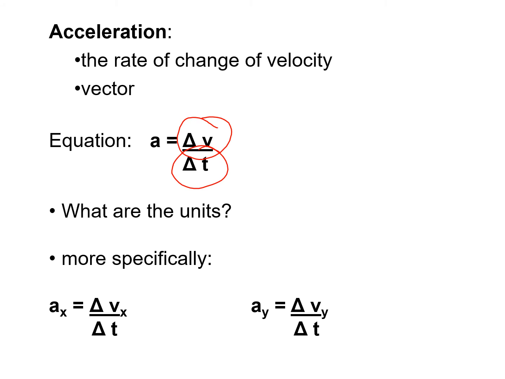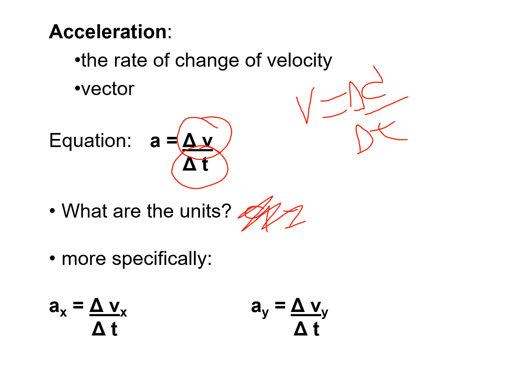Since velocity is equal to displacement over time, a change in displacement over a change in time, and we're dividing by time again, our common units for acceleration, unless otherwise specified, is meters per second squared.